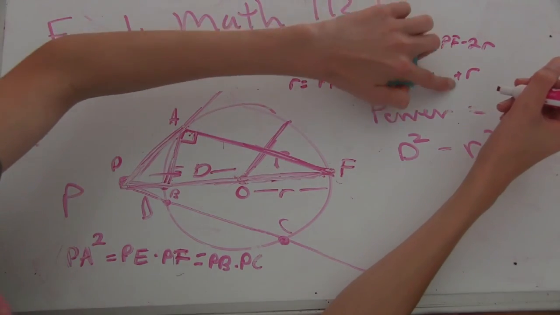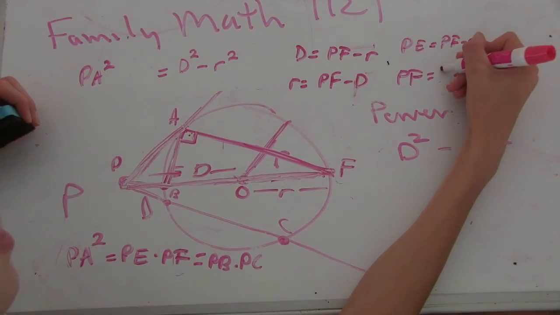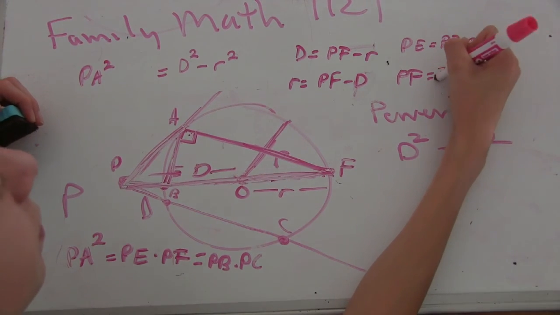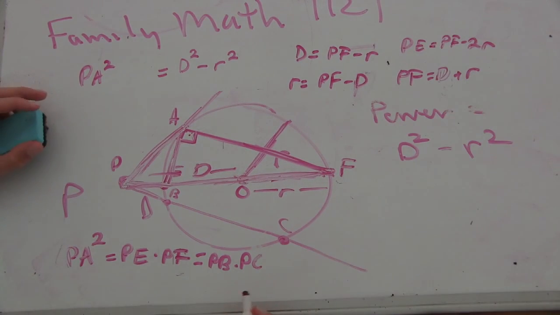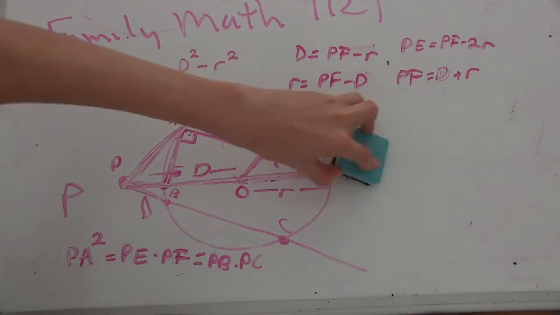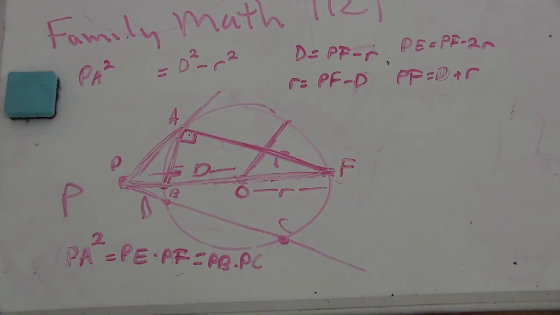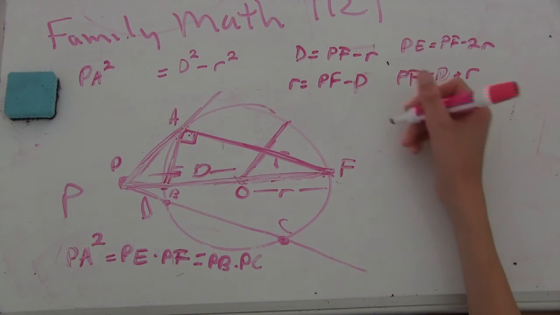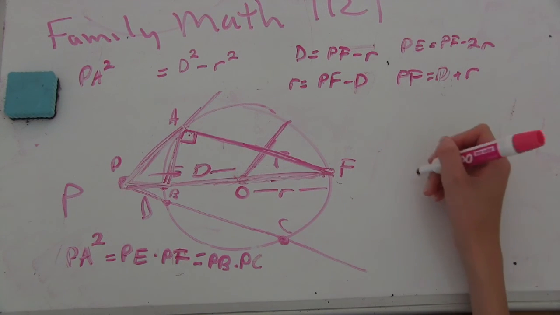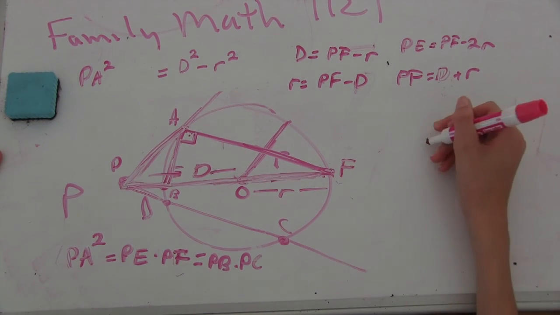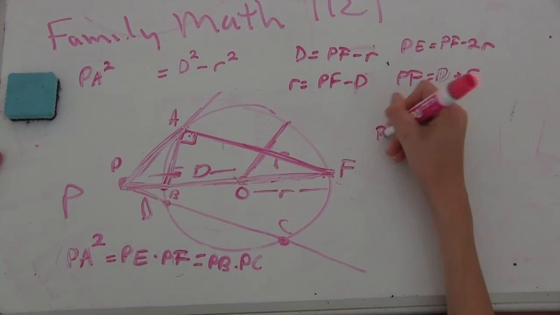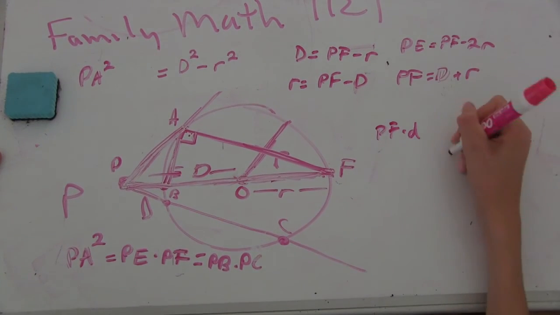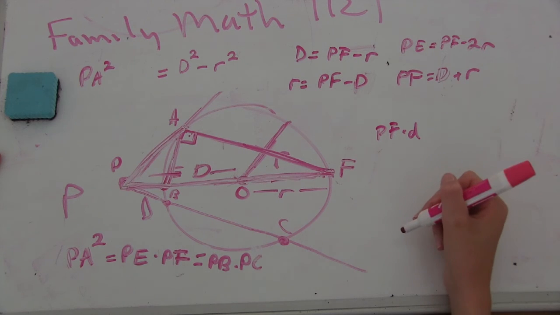I keep making this lowercase. That's all right. You can erase this now. So PF is D plus R. That's good. And PE is PF minus 2R. I don't think I can get that any other way, but PE times PF equals PF times D from here.